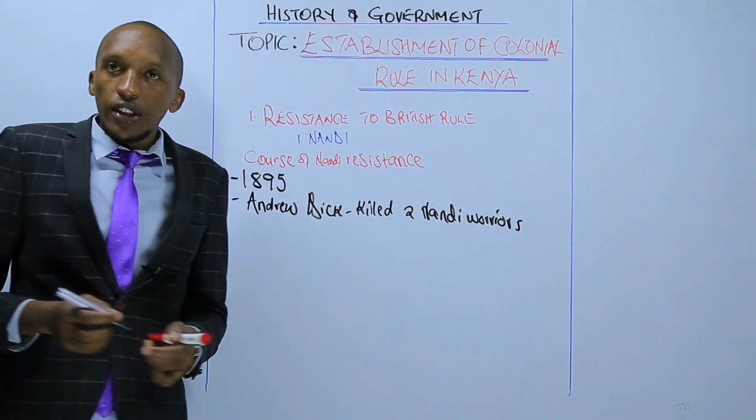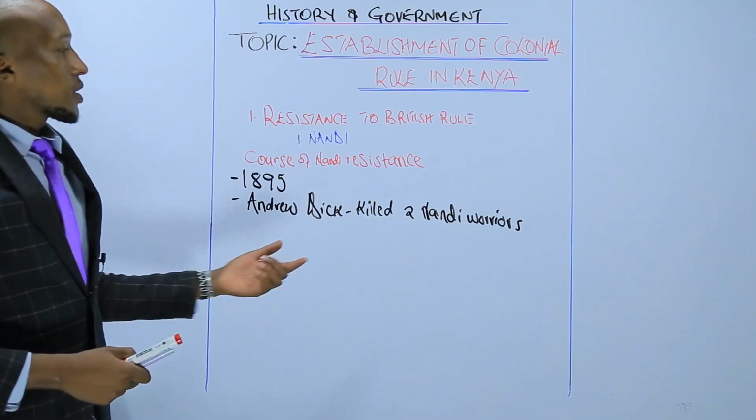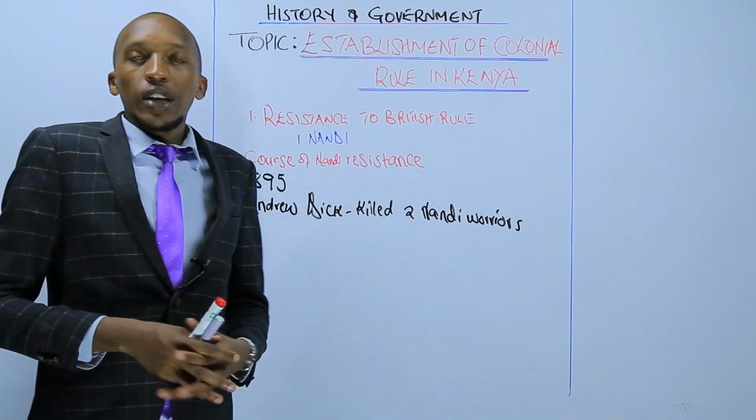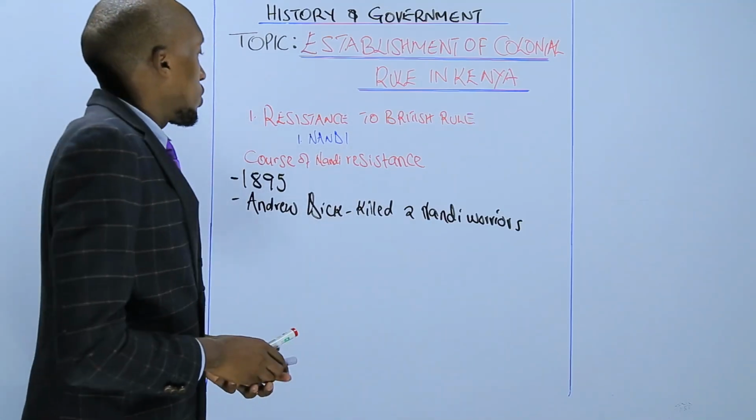So in his camp, he met two Nandi warriors who were working in his camp, and decided to kill them.